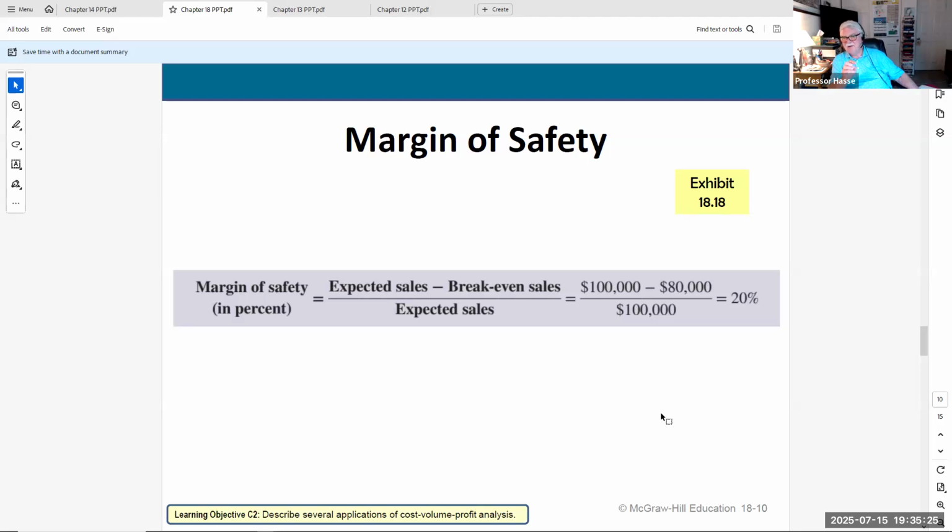In other words, the higher the margin of safety in percent, the higher the spread between expected sales and break-even sales. Sometimes companies, if their margin of safety is less than 10%, go into a bit of panic mode, because that means they might not be planning on making much profit in the next year. And they might want to ask themselves the question, why?